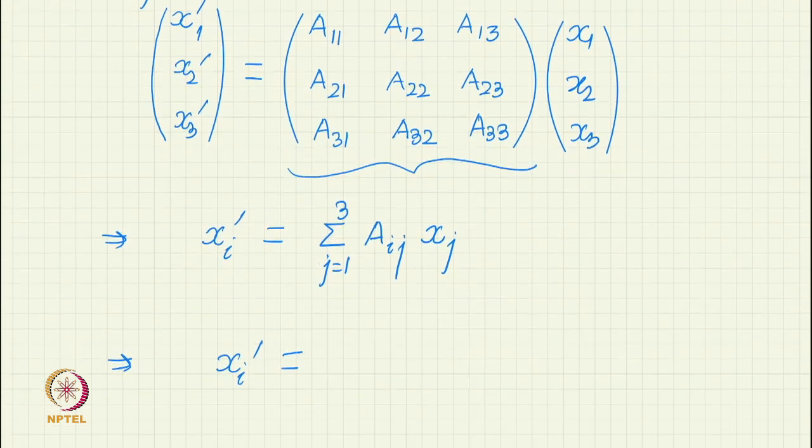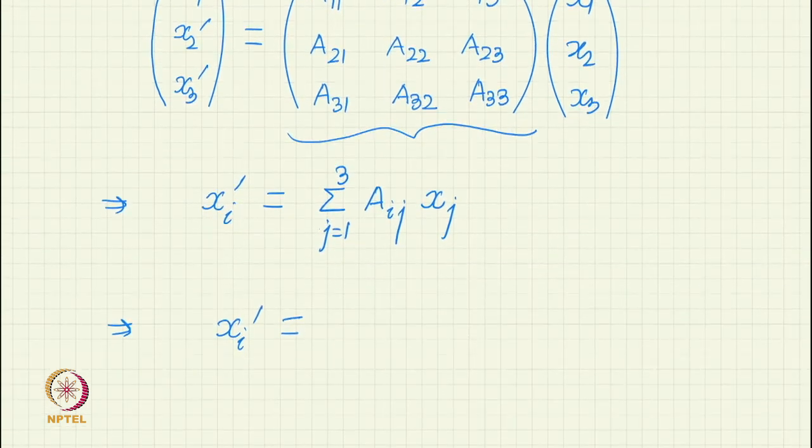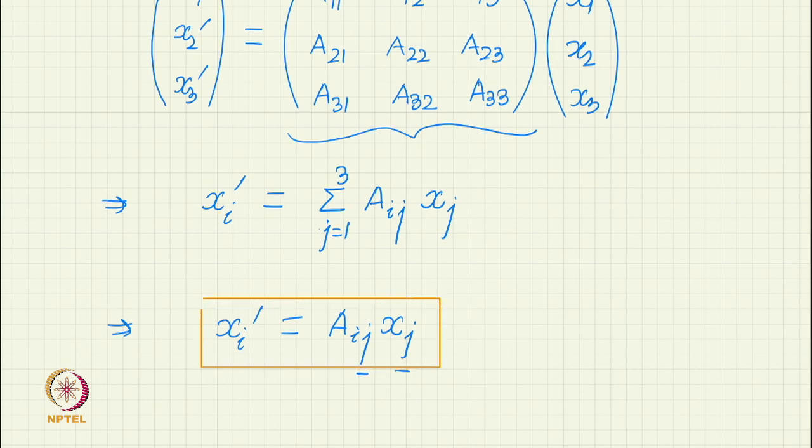Or if we remember Einstein, in his honor we can use the Einstein convention and simply drop the summation symbol and assume that since j is repeated, since j is dummy, we have the summation over j equal to 1 to 3. So, this is the expression for coordinate transformation of our vector.